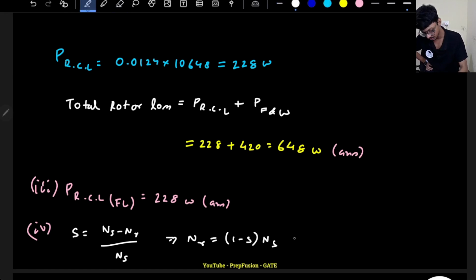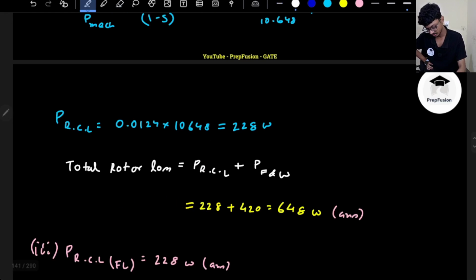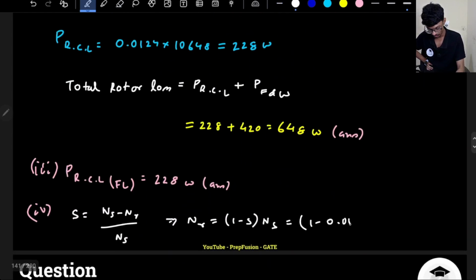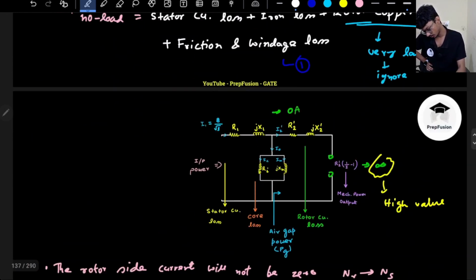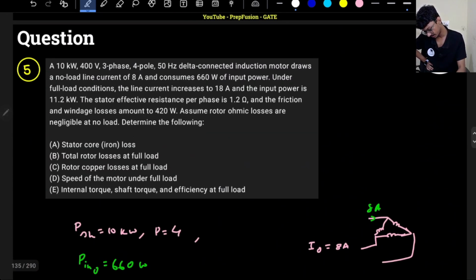That is what my nr is equal to. So 1 minus s, it is 1 minus 0.0124, into ns. Ns is how much? Have I calculated ns? No, ns is basically, it is a 4 pole 50 hertz machine.